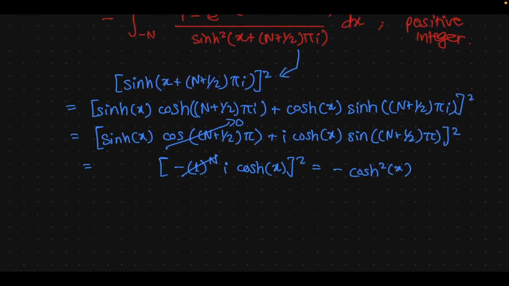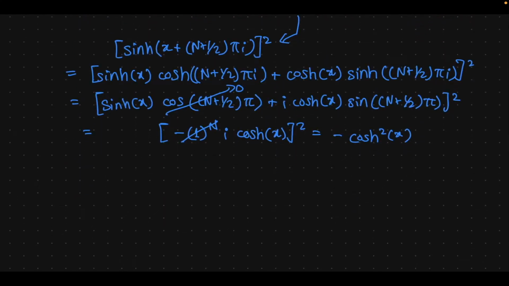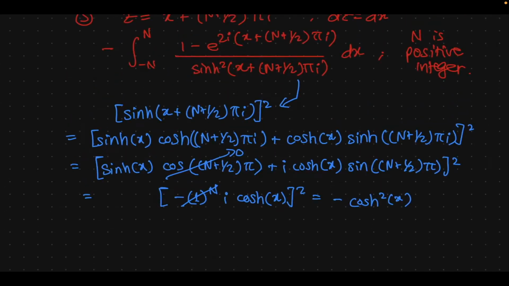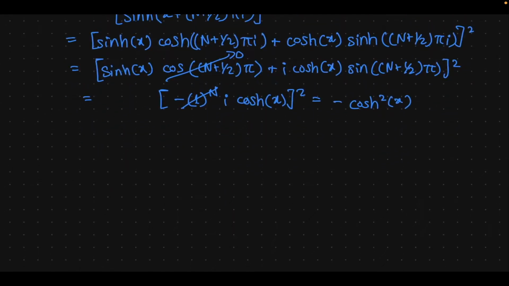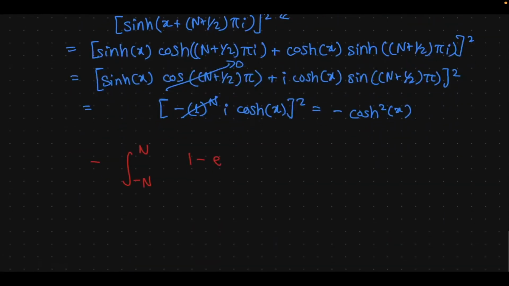So isn't that spectacular? Because now we can simplify dramatically to get minus, e to the n, 1 minus e to the 2ix plus (n plus 1/2) pi i, which I can also simplify a little more.